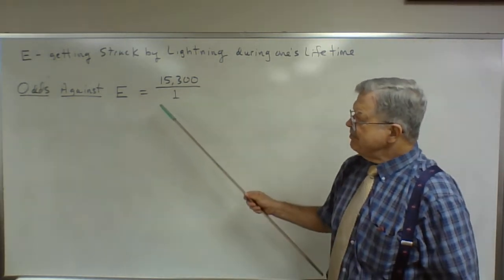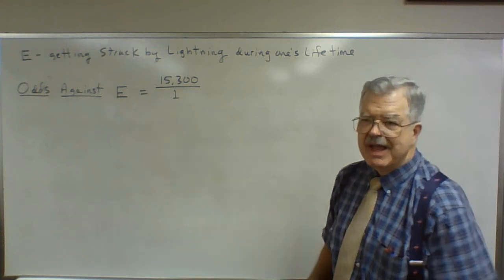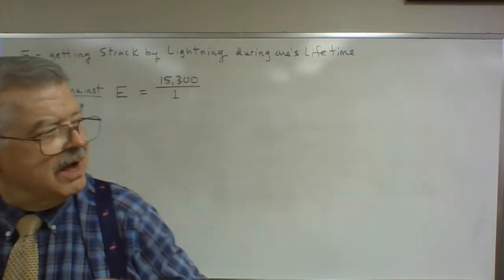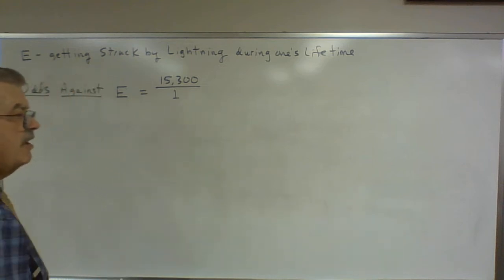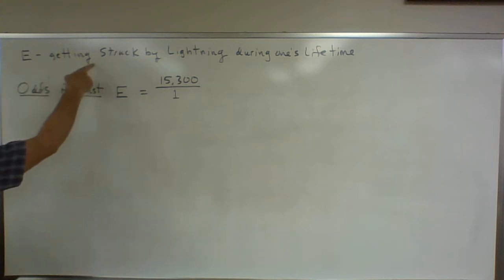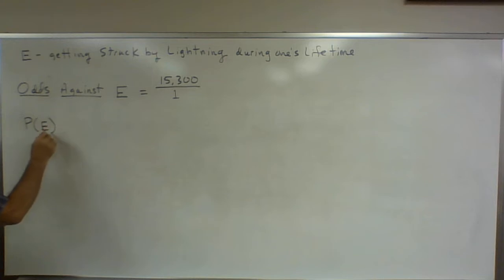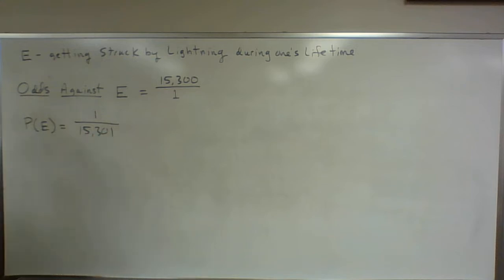Now, let's see where they got this figure, okay? Here's the information that apparently they had to start off with. E is the event of getting struck by lightning. And it seems that they knew that the probability of getting struck by lightning was 1 over 15,301.